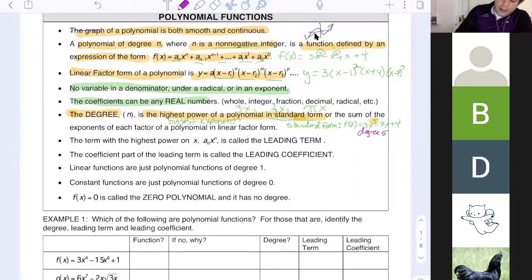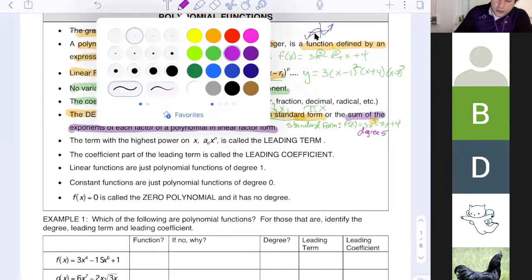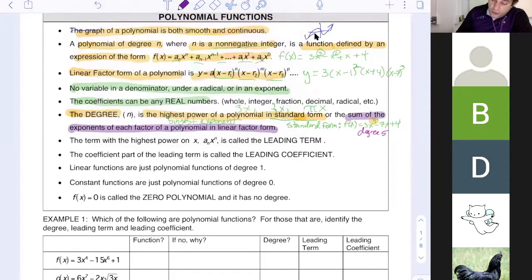Now, if it's in linear factored form, then we add the exponents. Students oftentimes confuse the two of these, so we've got to make sure this is clear. So linear factored form looks something like this.